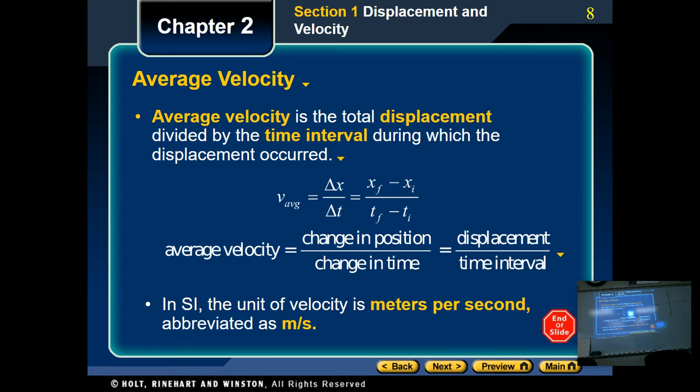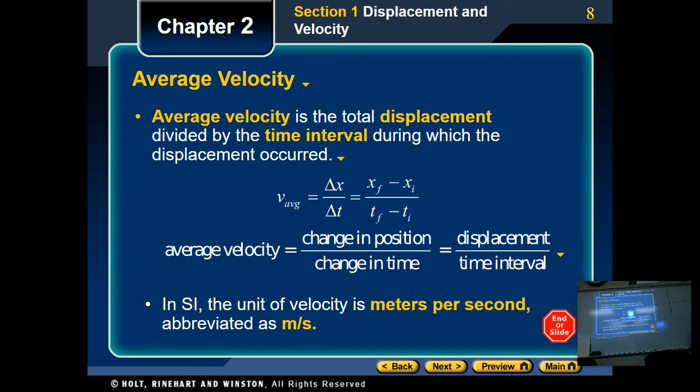So here's our first formula for the year. Make sure you write this down. First formula for the year, and that is average velocity. Average velocity is the total displacement divided by the time interval during which the displacement occurred. So you have average velocity is equal to delta x divided by delta t.